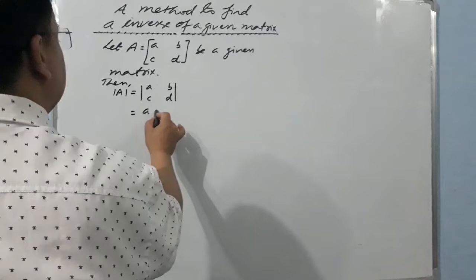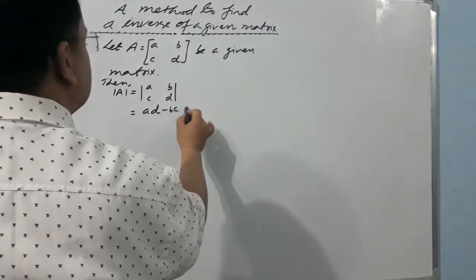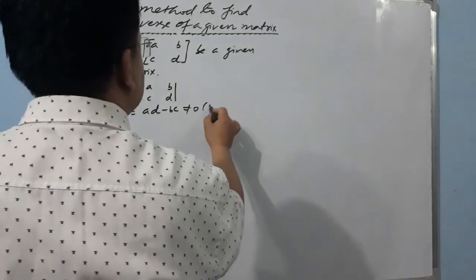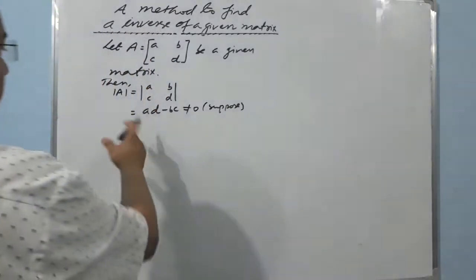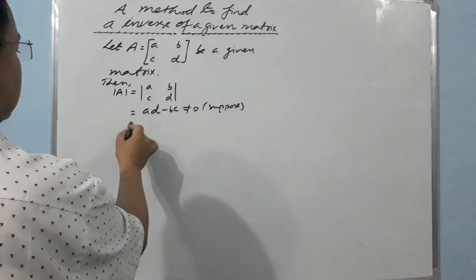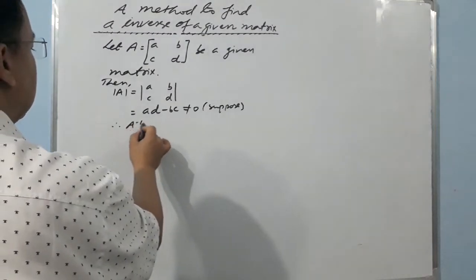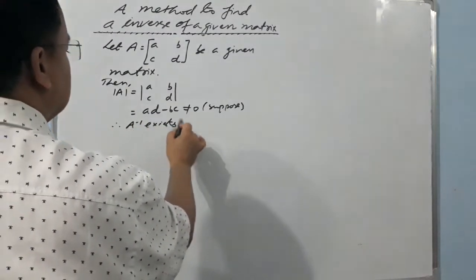By definition it will come AD minus BC. Let's suppose it is not equal to 0. If the determinant of A is not equal to 0, therefore we can say A inverse exists.